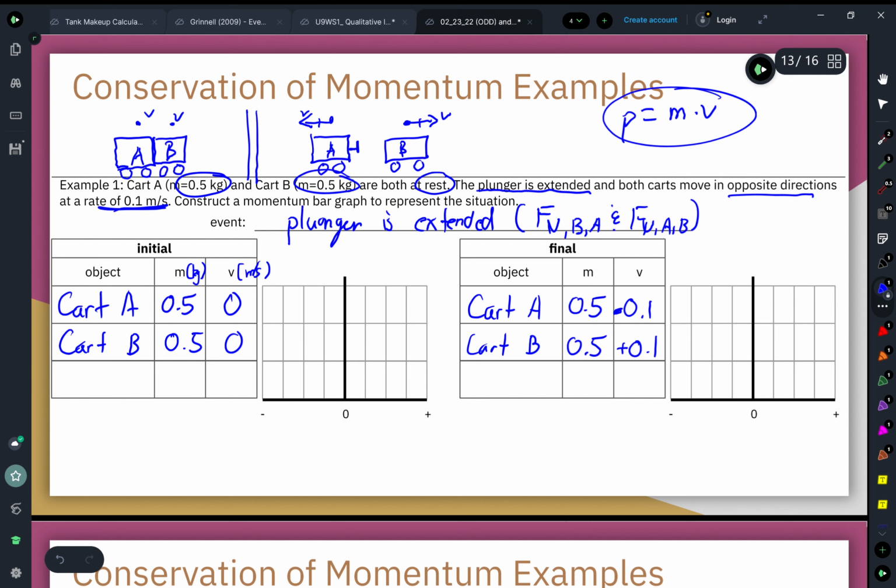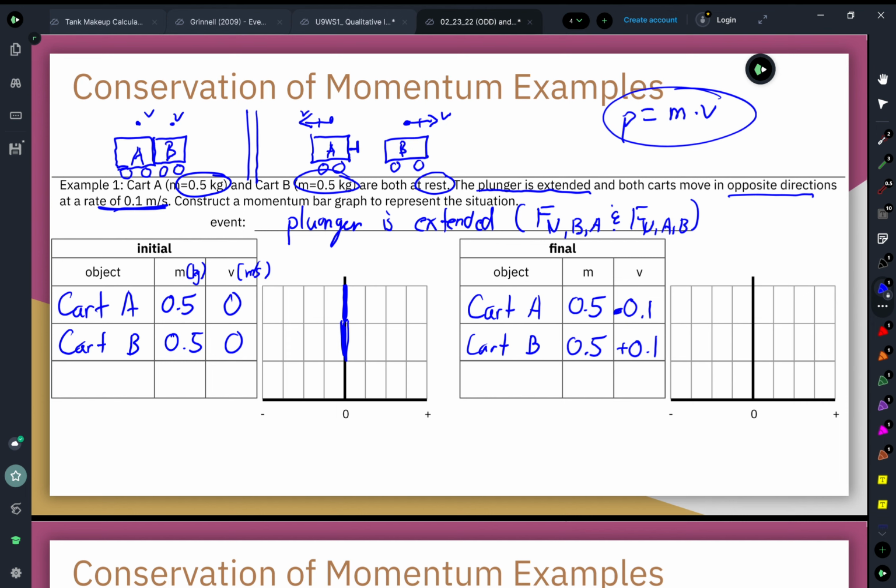So for cart A, in the initial situation, it has a mass of 0.5 and it has a velocity of 0. So we're not going to have any momentum. So instead of drawing a bar, I'm just going to indicate that on the 0 line. There's 0 momentum for cart A. Actually, it's going to be the same thing with cart B. There's not going to be any momentum for either of those two carts.